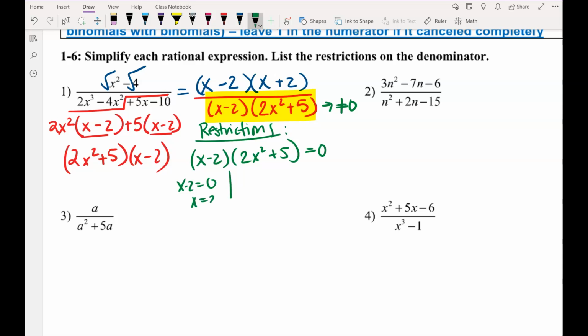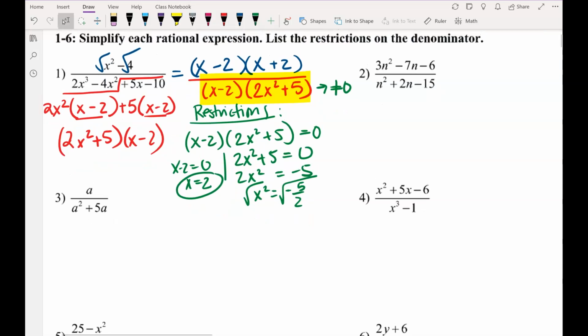So the first one is immediately 2. Then we take the second factor here and we will set it equal to 0. Move the 5 over, so that will give us negative 5. Divide both sides by 2. X squared equals negative 5 over 2. Well, we're taking the square root. Well, we have a negative number under the radical. This will give us imaginary answers.